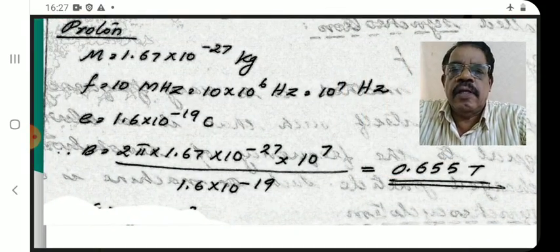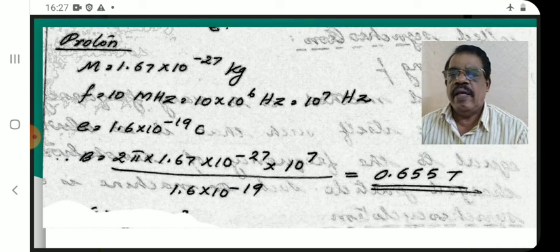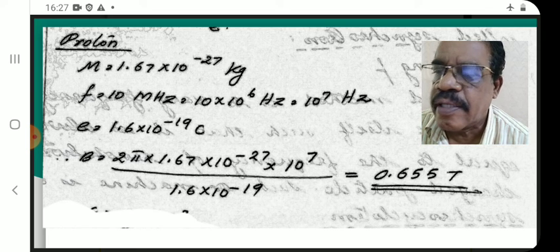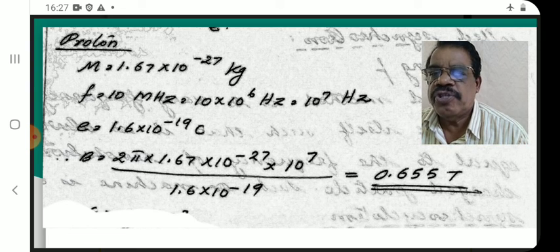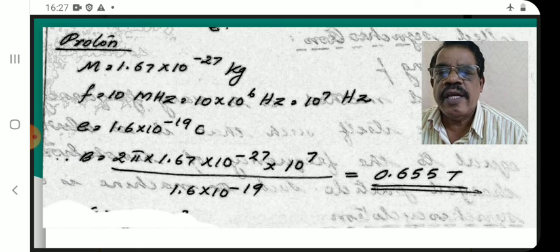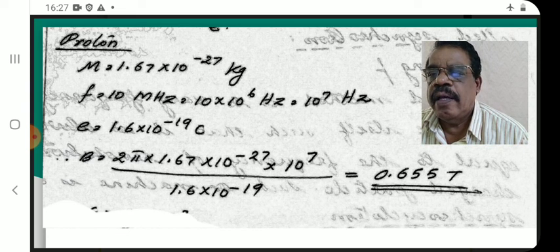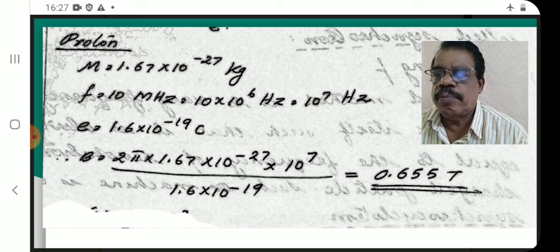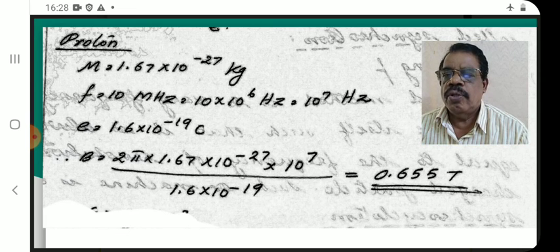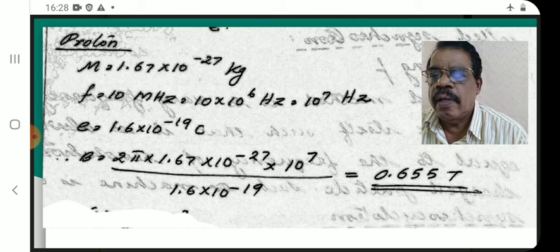Proton mass is 1.67 × 10^-27 kilogram, which you have to remember or refer to tables, Clark's tables, in the cover page. f is 10 MHz, that is 10^7 Hz, the frequency given. The proton charge is equal to the electron charge but positive, so proton charge is 1.6 × 10^-19 coulomb.